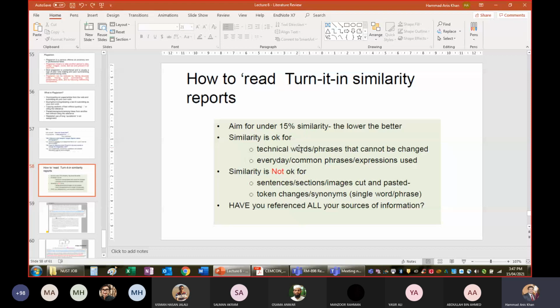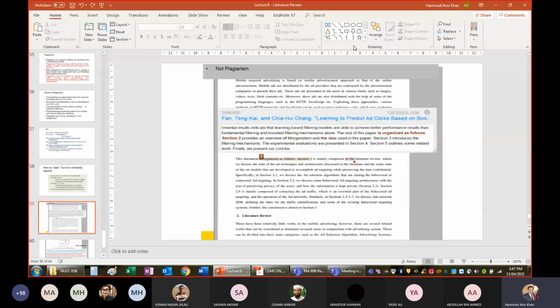So it is okay, but similarity is not okay for sentences, sections, images, cut and paste. So it is not allowed. So have you referenced all your sources of information? For example, in this picture, this is an example of a similarity index report by Turnitin. Here the similarity is with this topic, section 2.